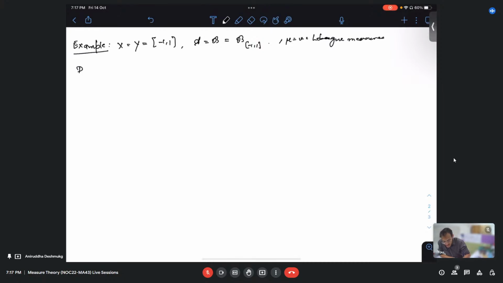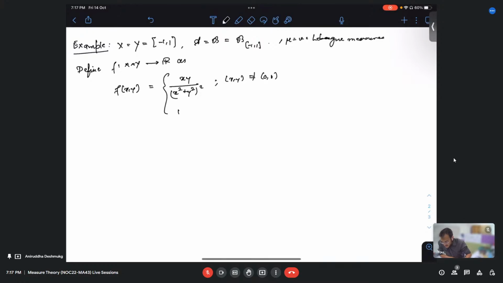Let us define a map f from x cross y to r as follows. f of xy is xy over (x square plus y square) whole square whenever xy is not 0, 0, and when it is 0, 0, it is 0.